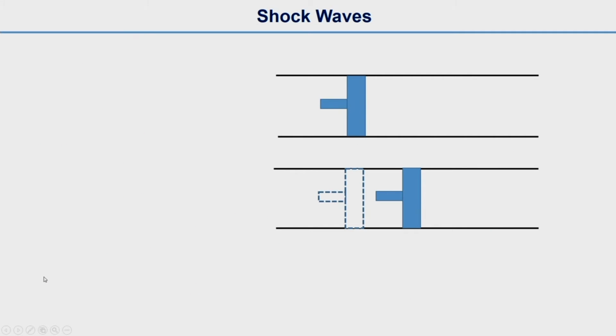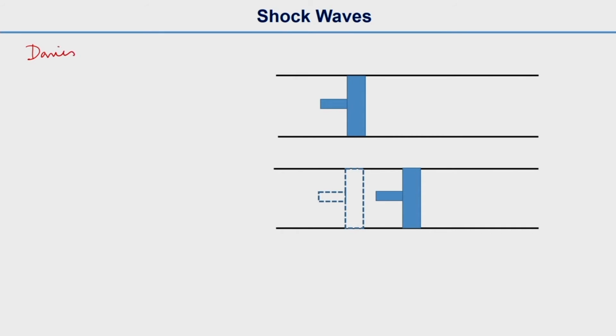This concept of shock waves and its treatments, especially what we learn a little later about Rankine-Hugoniot treatment, that means Rankine-Hugoniot conservation equations for shock waves, can be easily understood if we look at another treatment, Davis 1987, which is analogous to this. It is not exactly the shock wave treatment, but the concept is the same.